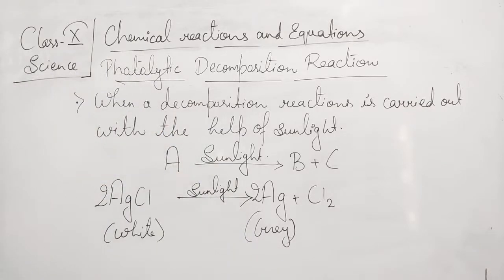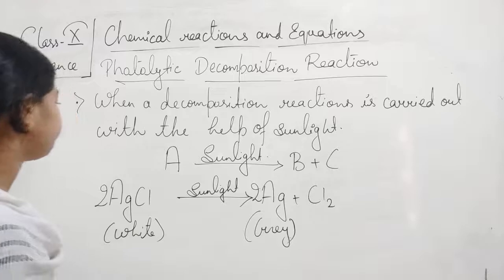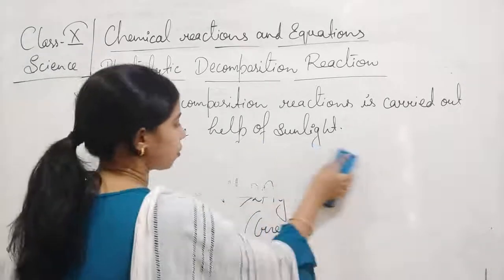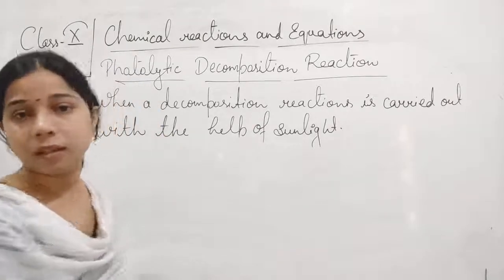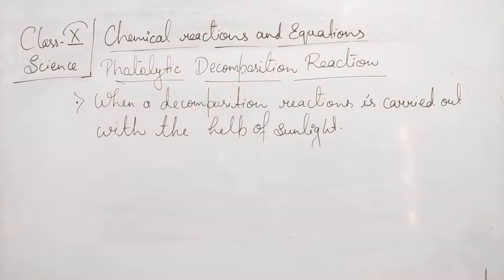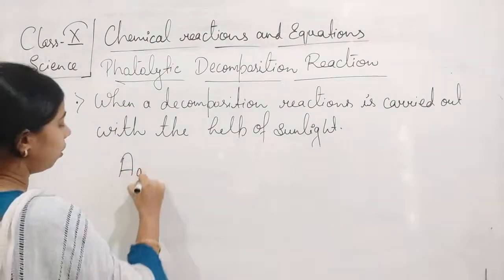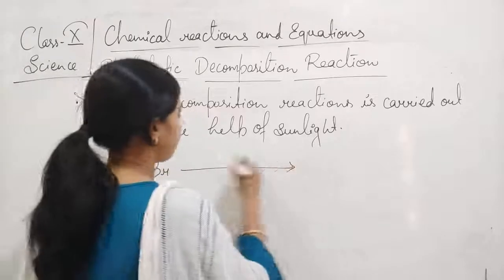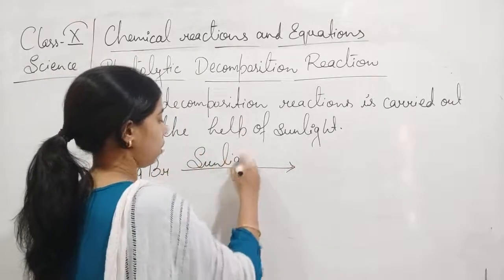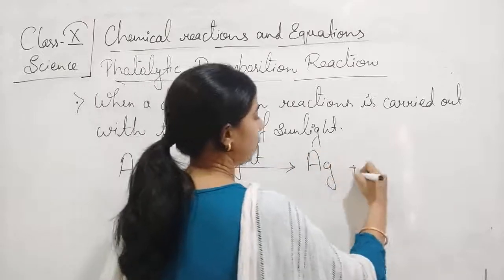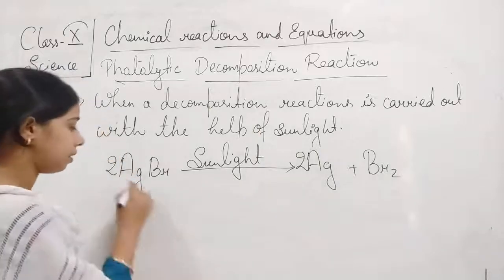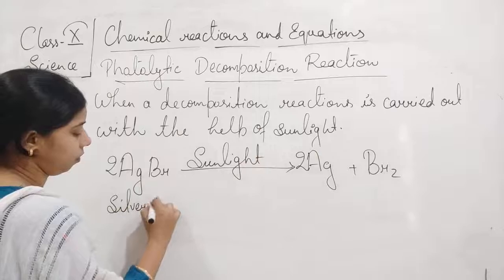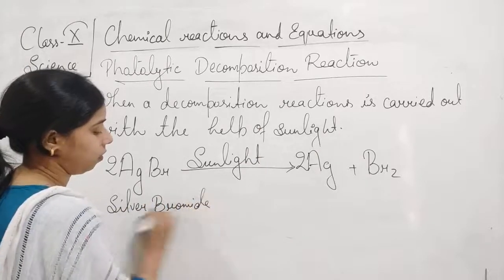The same thing happens with silver bromide also, students. The same kind of reaction takes place in silver bromide, AgBr, in the presence of sunlight. We can write it here: Ag plus Br2, and after balancing we get 2AgBr giving 2Ag plus Br2.